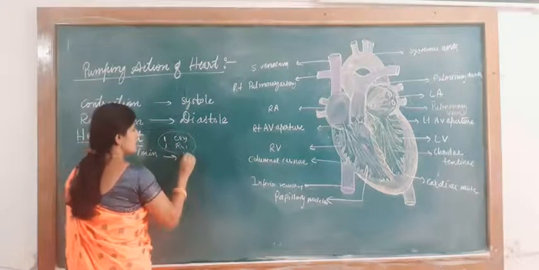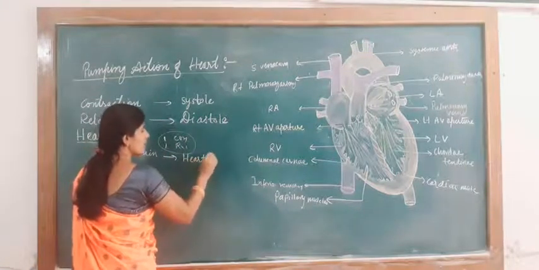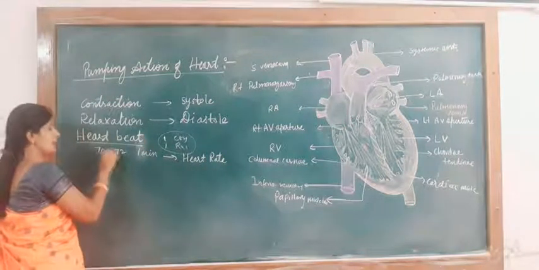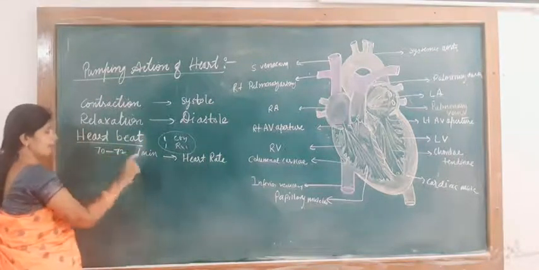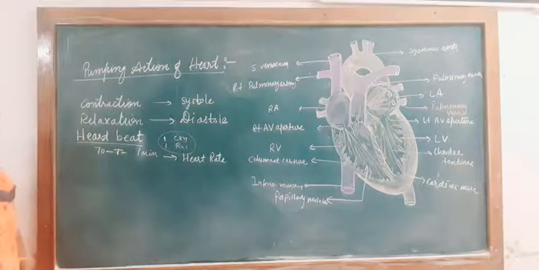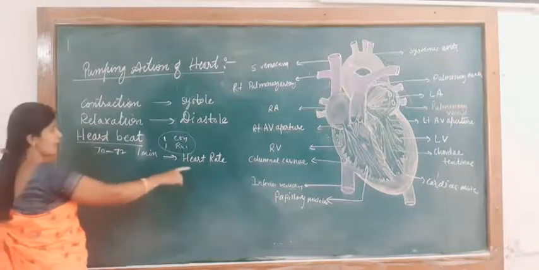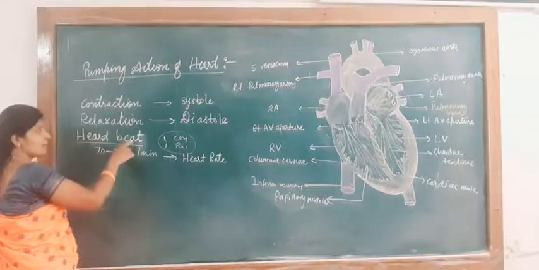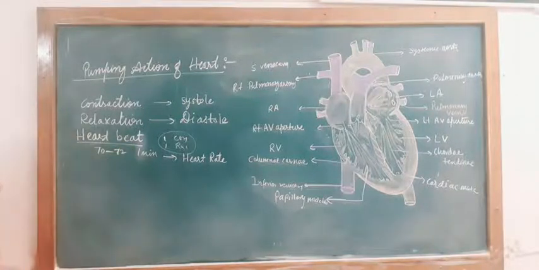What is heart rate? Our heart beating 72 times per minute is called the heart rate. Heartbeat: one contraction and one relaxation. Heartbeat, heart rate, systole, diastole.